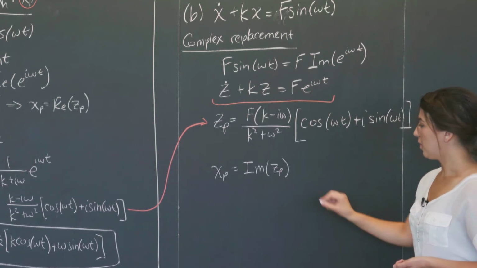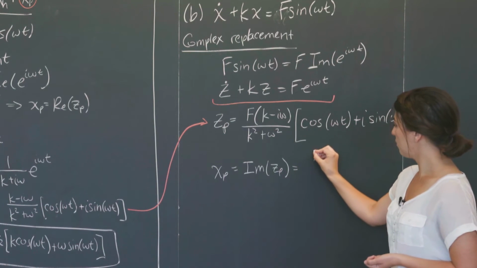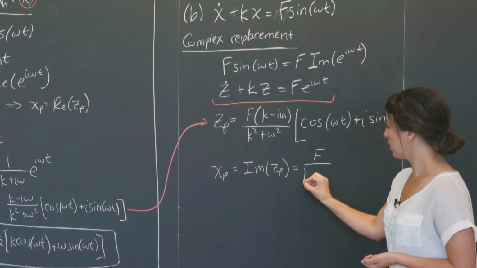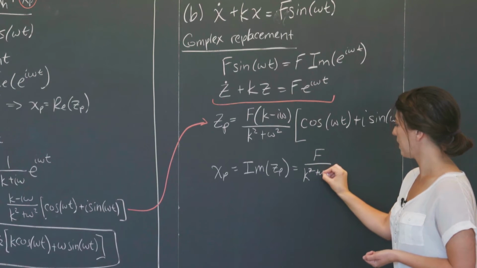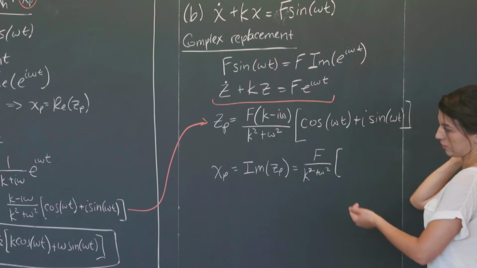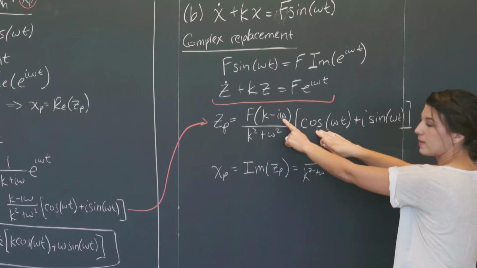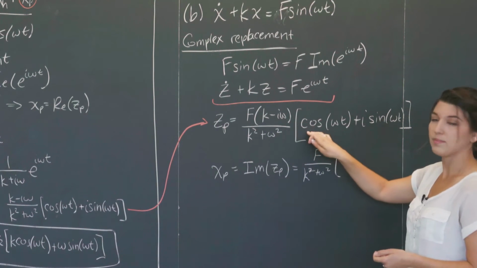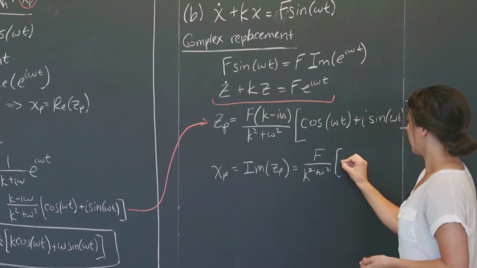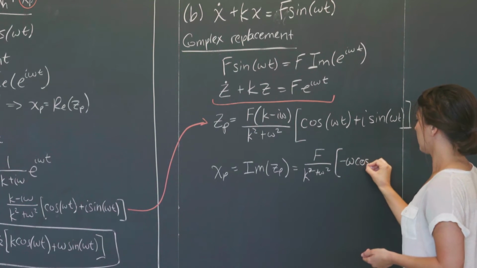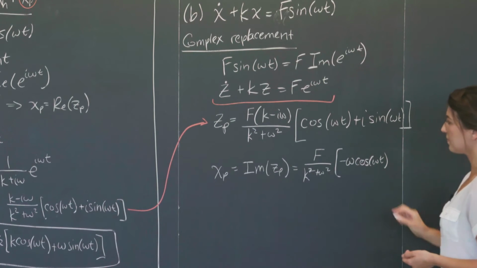So to get the imaginary part, we have f over k squared plus omega squared. And now we want the factors that are multiplied by I. So minus I omega times cosine omega t gives us part of the imaginary part, so we'll get a minus omega cosine of omega t.